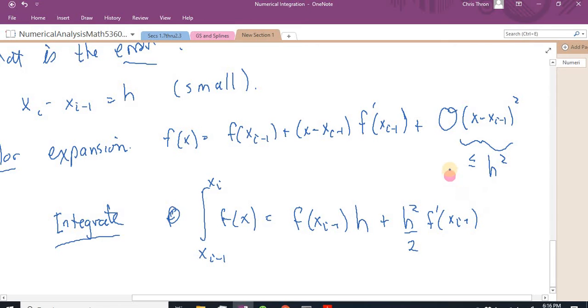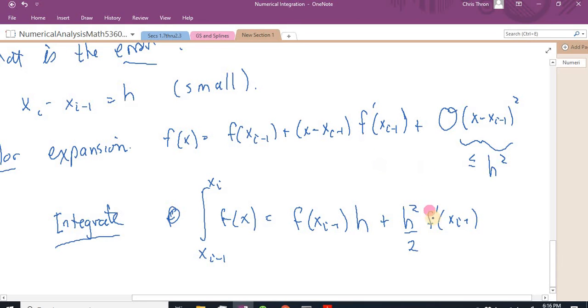If you integrate f prime, f prime's a constant. That's the whole point of Taylor series.